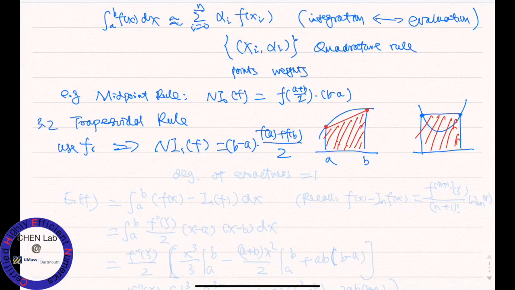So we can already see this is not going to be exact for polynomials of degree 2, which is expected. That's an intuitive graph. So this says that the degree of exactness of this rule is what? The degree of exactness is still 1, like the midpoint rule. It's 1.